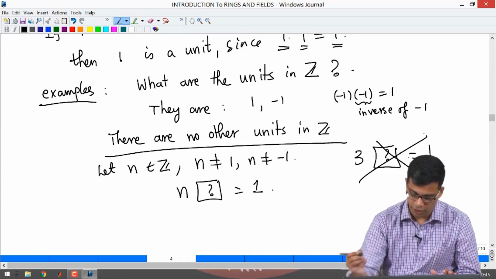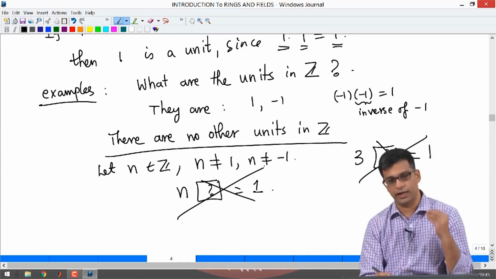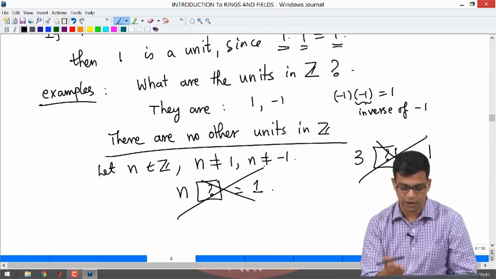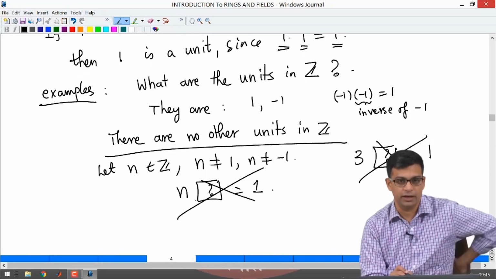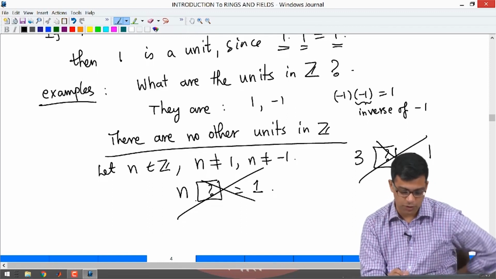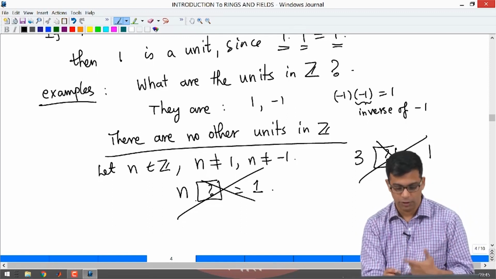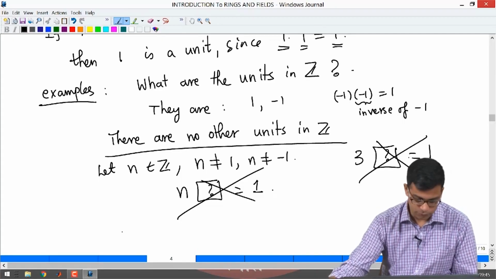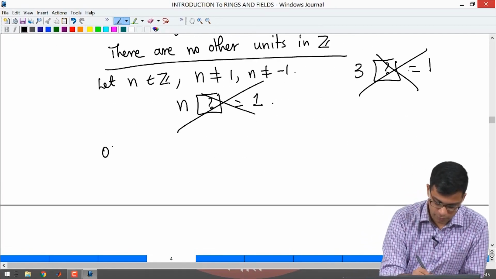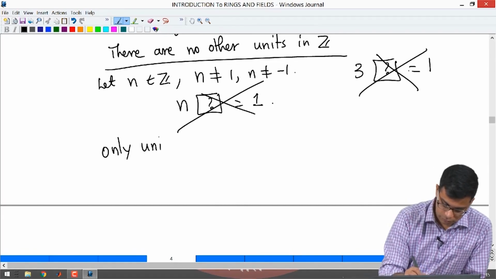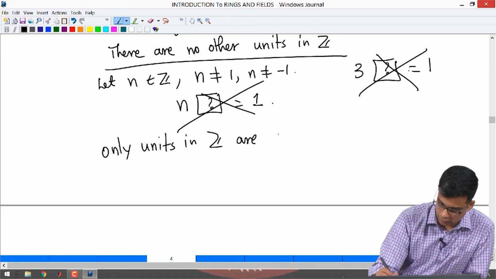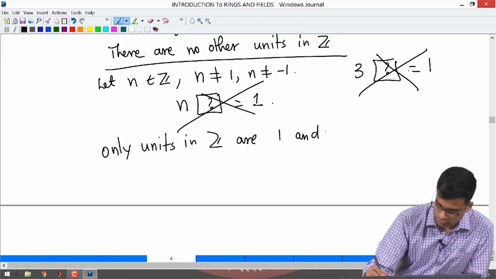This is not possible, right? You multiply any integer n which is not 1 or minus 1 with any other integer, you will never get 1, because for the inverse you really need to go to rational numbers. You have to take 1 by n, but 1 by n is not an integer. So the only units in Z are 1 and minus 1.